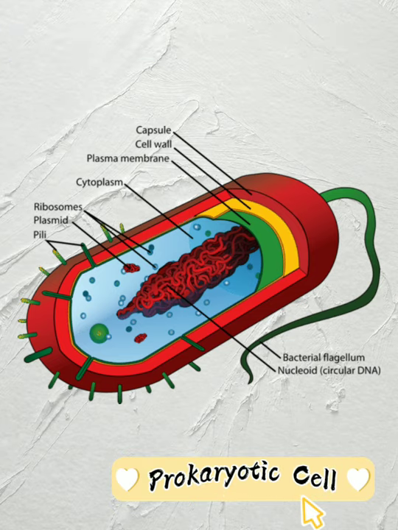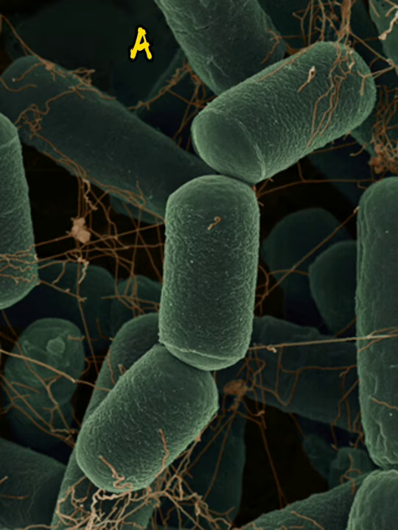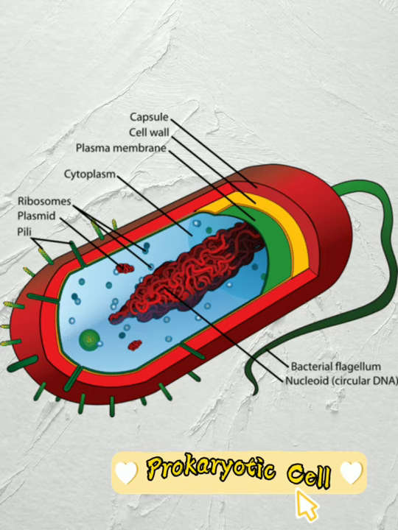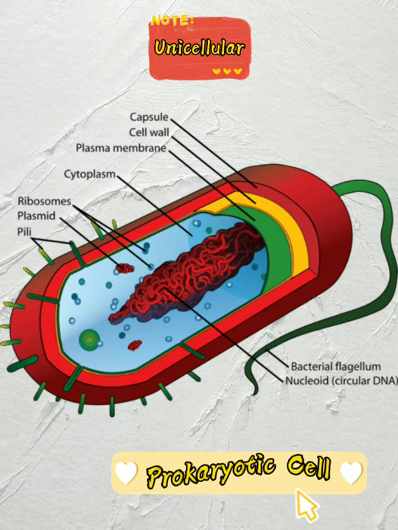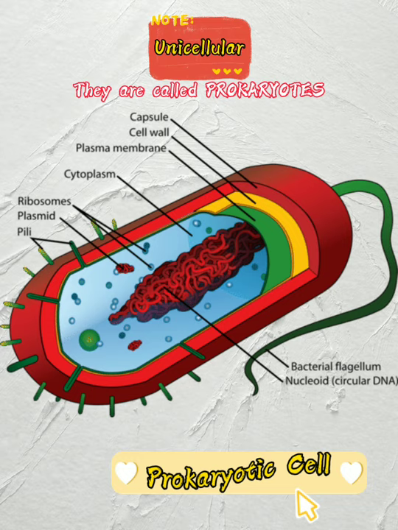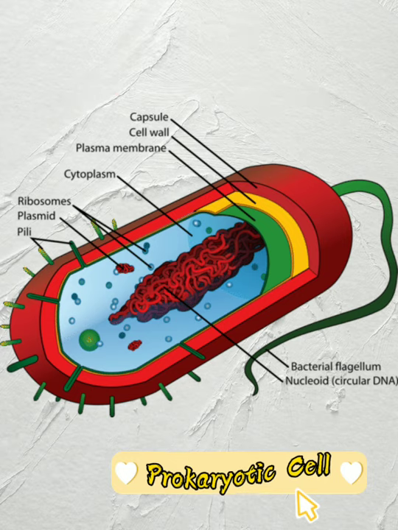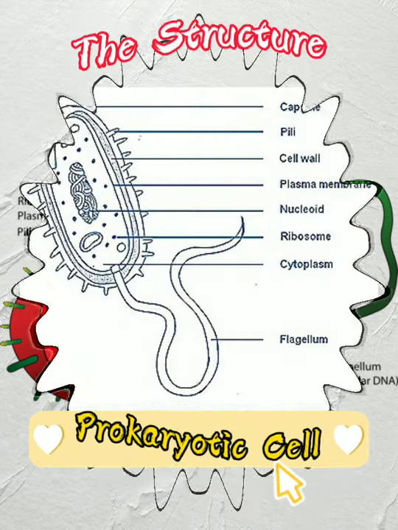Organisms within the domains Bacteria and Archaea are based on the prokaryotic cell. Organisms that have prokaryotic cells are unicellular. They are called prokaryotes. Let us now proceed to the structure of the prokaryotic cell.